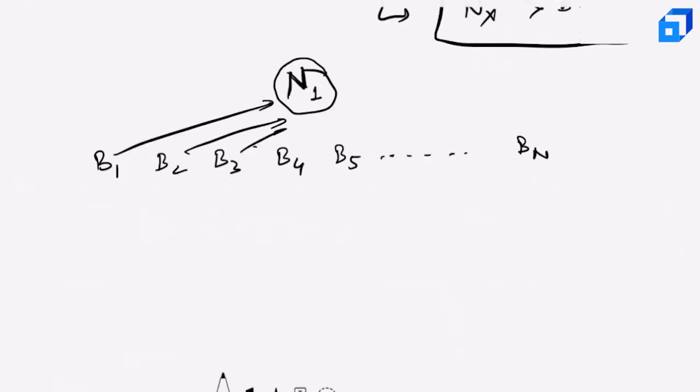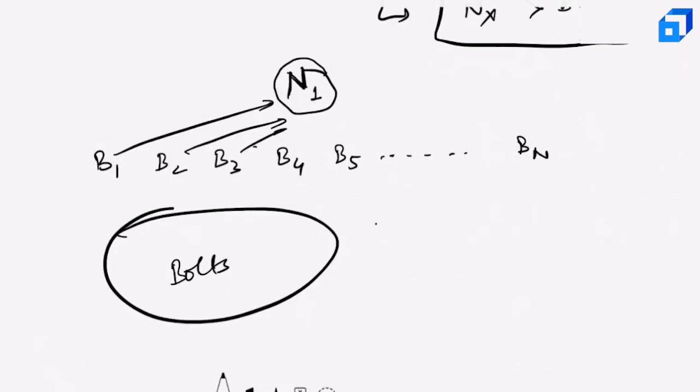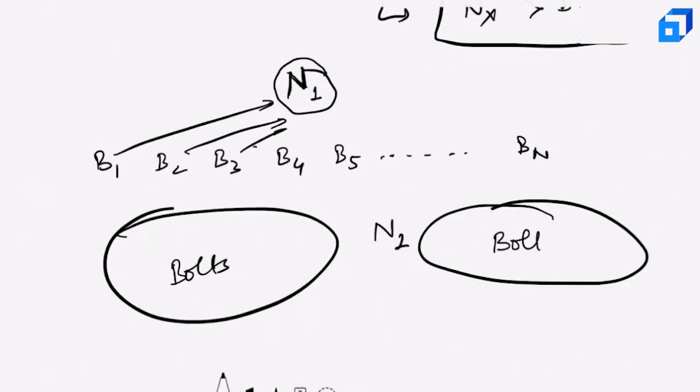And I'll basically get three kinds of bolts. There will be one heap of bolts which are smaller than N1. Let's call the second heap bigger, which is bigger than N1. And there is exactly one bolt that I will get, which will be equal to this nut, correct?